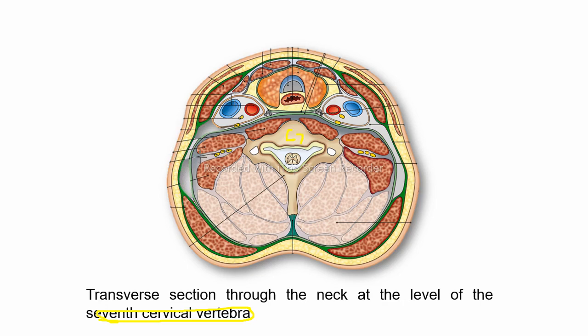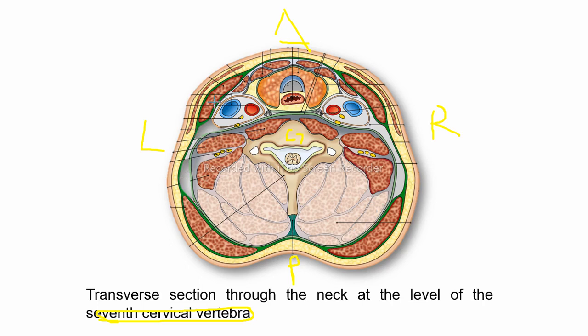So where the posterior triangle of the neck is: this is the C7 vertebra, this is the anterior portion, this is the posterior part, right part and left part. Here are the prevertebral muscles and paravertebral muscles.